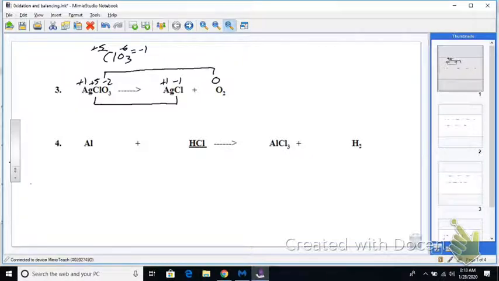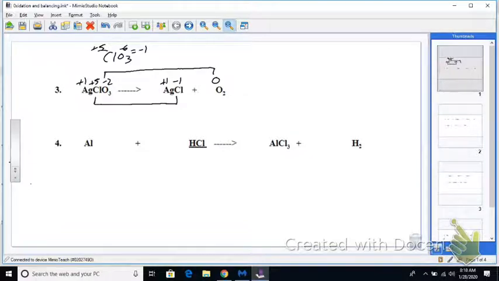Okay, what happened to cause chlorine to go down to -1? There must be a reason. What's that? Well, we automatically match silver, but that's not the reason. I mean, silver is still going to be a +1 no matter what chlorine is going to be because they are independent of one another.